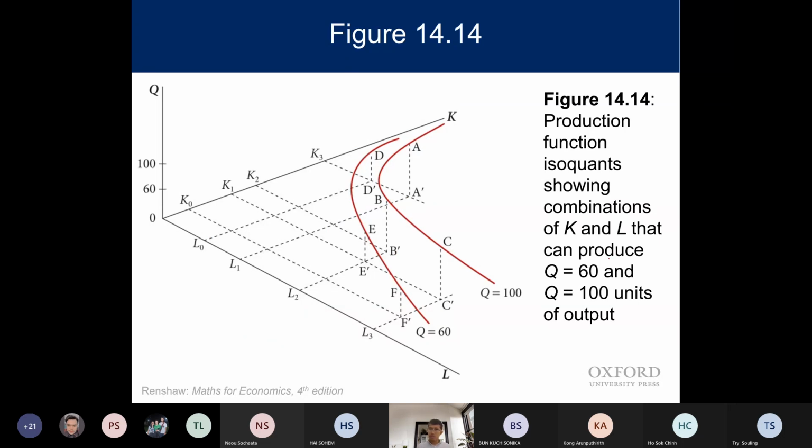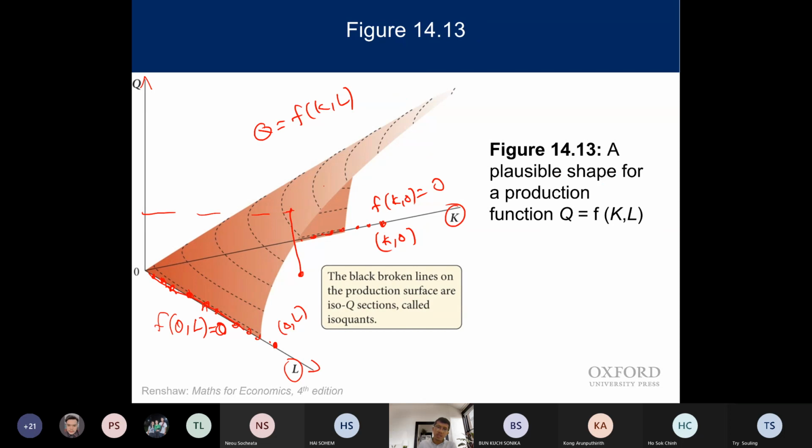This is the isoquant. Okay, isoquant means you want Q to be at a fixed level, let's say fixed at 60, or fixed at 100. So if you choose Q, the output, to be a fixed value, that means you have to consider what should be the pair of K and L that lead to the same level of output, right?